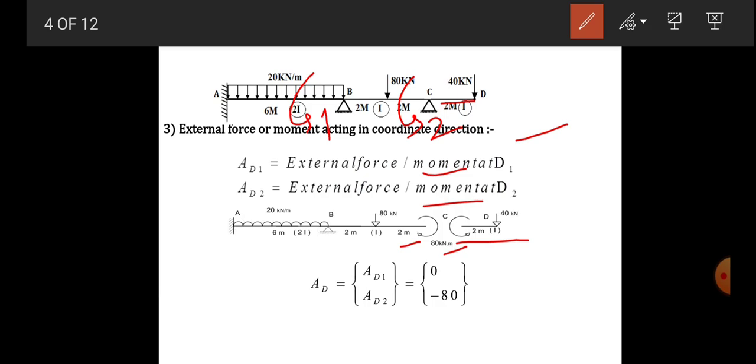So let's take directly the effect of CD over C, and that will be the moment acting in coordinate direction 2. There is no moment at coordinate direction 1. So AD1 is equal to 0 and AD2 becomes minus 80 kilonewton meter.